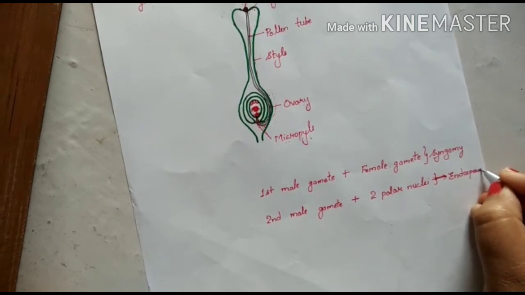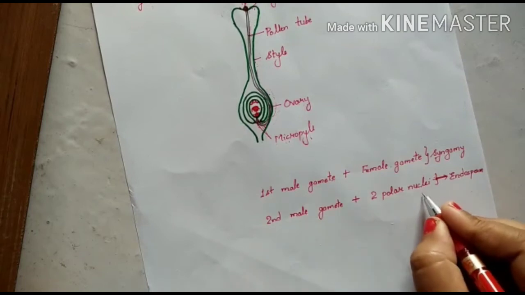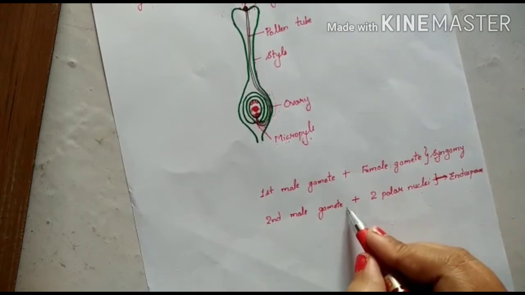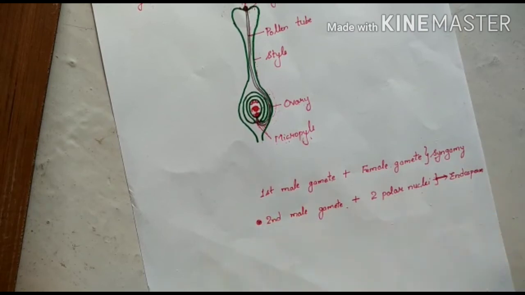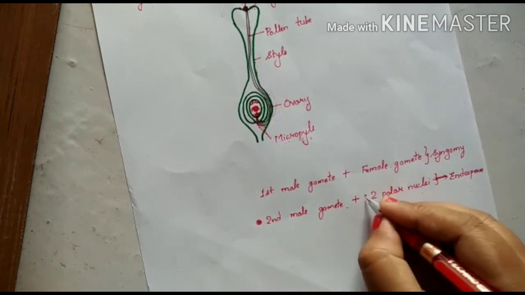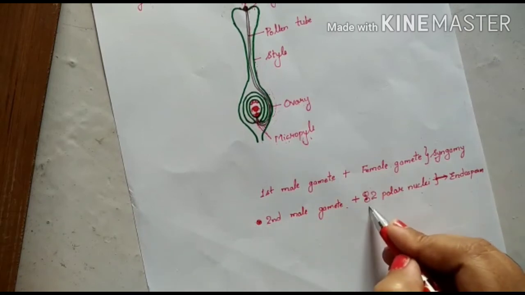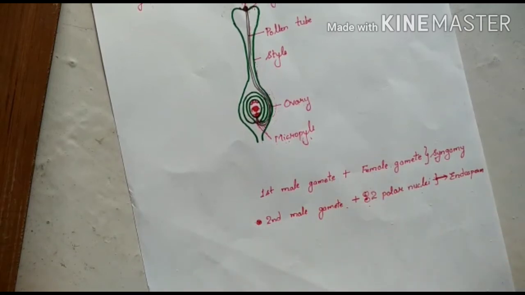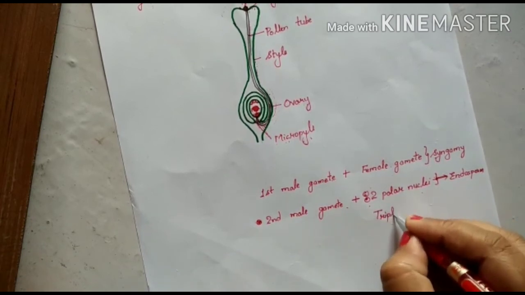This process, when the one second male gamete fuses with the 2 polar nuclei, which forms 3, 1, 2, 3, is known as triple fusion. It is called triple fusion.